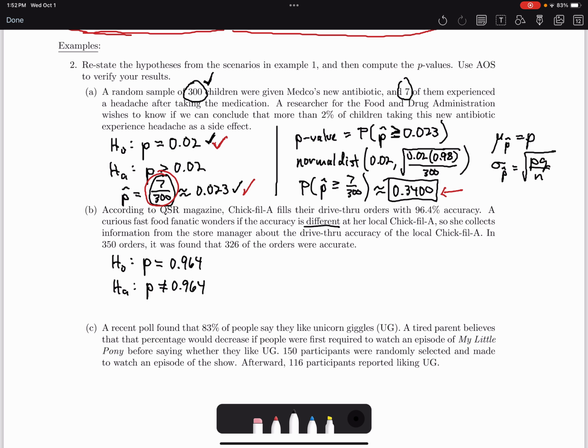What sample evidence does she have? Well, out of the 350 orders that she collected, 326 of them were accurate, right? So 326 out of 350. That's her sample evidence. And if you type that into your calculator, that comes out to about 0.931.